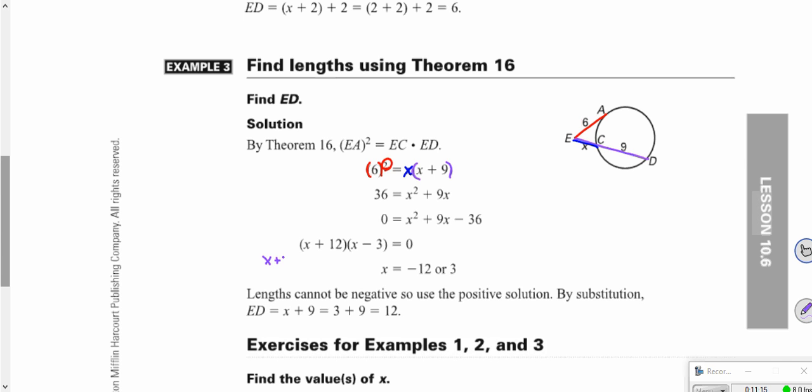This is like x plus 12 equals 0, and this is x minus 3 equals 0. So that means x equals negative 12 and x equals positive 3. But again, lengths cannot be negative, so that one's taken out. Really, the only possible answer we have is a positive 3. We can't have negative lengths. So then we can substitute back in.